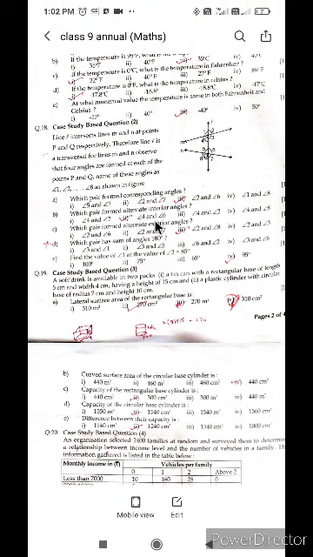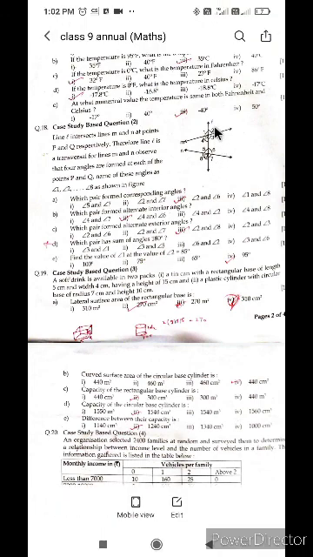Which pair is alternate exterior? 2 and 6 are corresponding. 2 and 7 are alternate exterior angles. 2 and 8, no, 2 and 8 is wrong. 2 and 3 are basically adjacent angles.